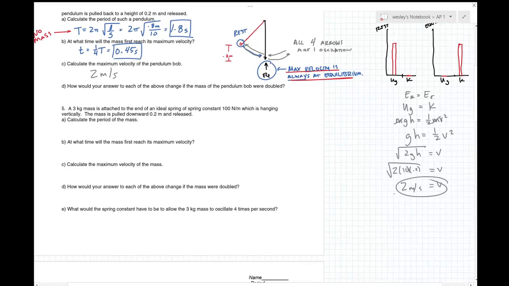And when we did energy, since both depended on mass, the mass doesn't matter for the maximum velocity either, which means for parts A, B, and C, no change. If the mass changes, we experience no change at all.